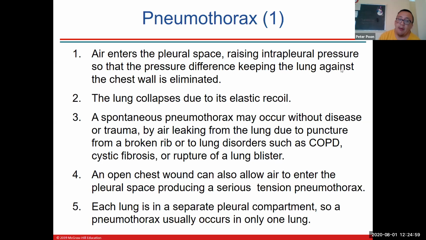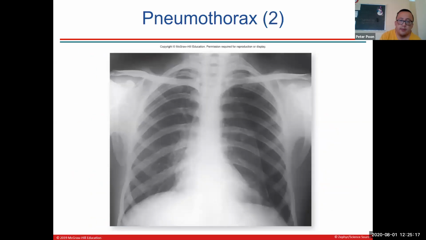If you eliminate that pressure or you equalize that pressure, the lung collapses through the elastic recoil. Okay. So you can see the collapse of the lung right here.